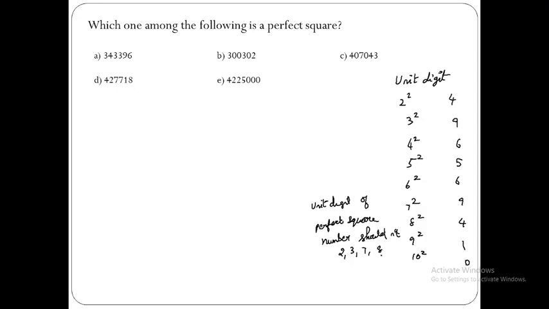So if a number ends with one of these 4 digits, it cannot be a perfect square. That is the first condition: the unit digit should not be 2, 3, 7 or 8.